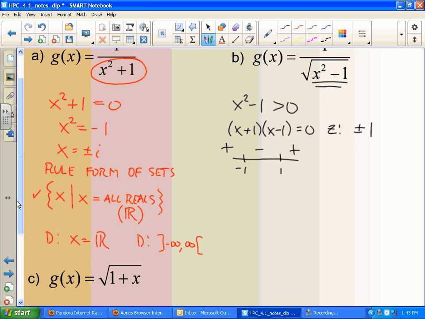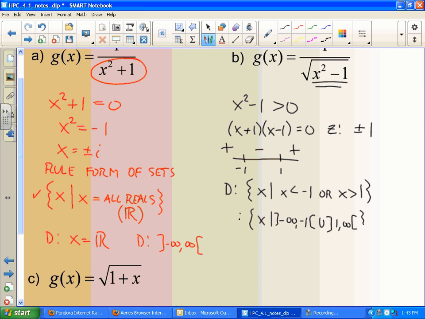So the domain of this function would say x is such that x is less than negative 1, or x is greater than 1, or maybe I want to use interval notation and I can just go negative infinity to negative 1, union with 1 to infinity. And there's all the values of x that will determine this.